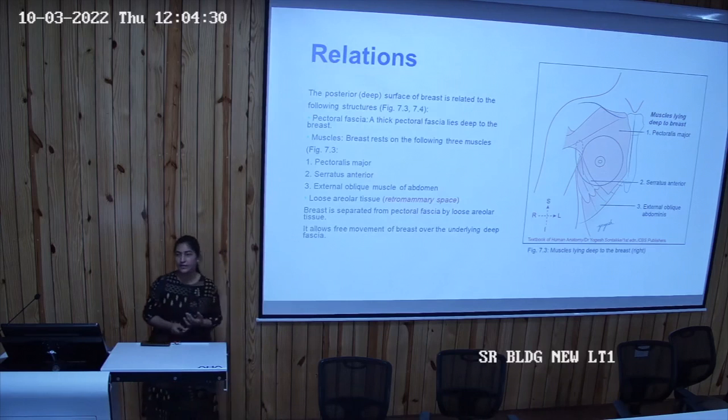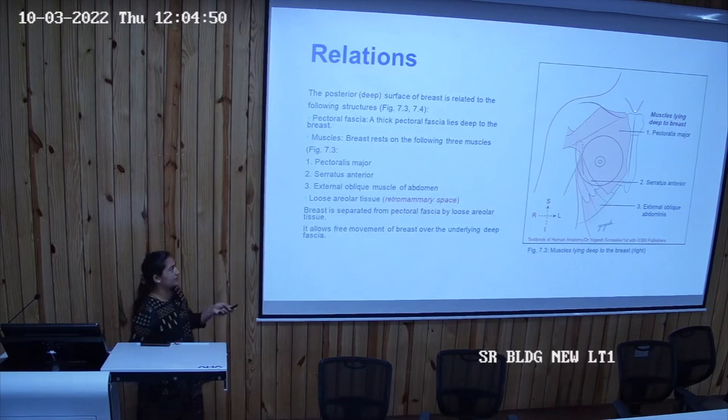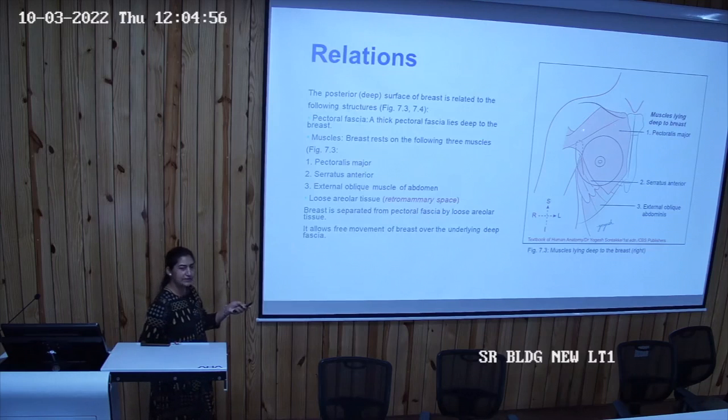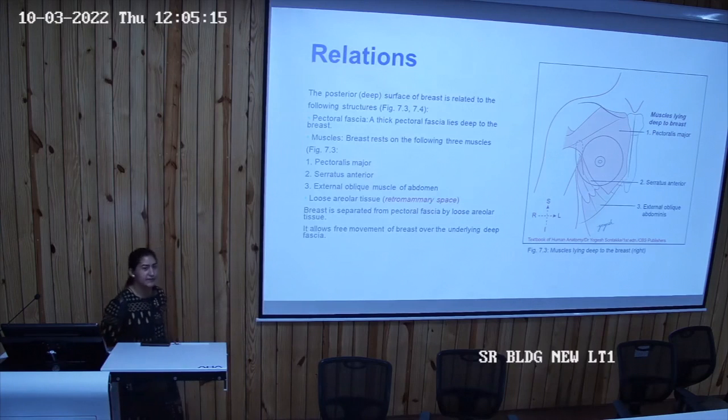Can any one of you tell me the pectoralis major attachment? The clavicular part is visible. These are the fibers arising from the medial part of the clavicle, from the inferior surface. These are the clavicular fibers. Next, these are the sternal fibers, and all these fibers are converging towards the lateral lip of the bicipital groove, which is present on the humerus.